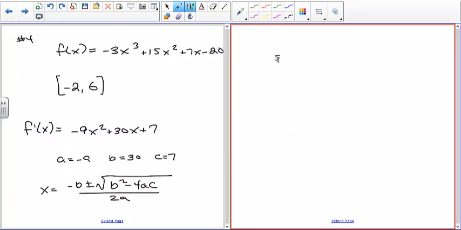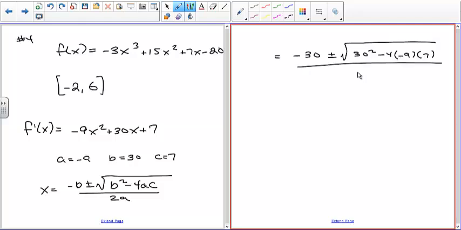So if you plug those in, you'll have -30 plus or minus the square root of 30 squared minus 4 times -9 times 7, all divided by 2 times -9. And when you do that, you'll get 3.55 and -0.219.